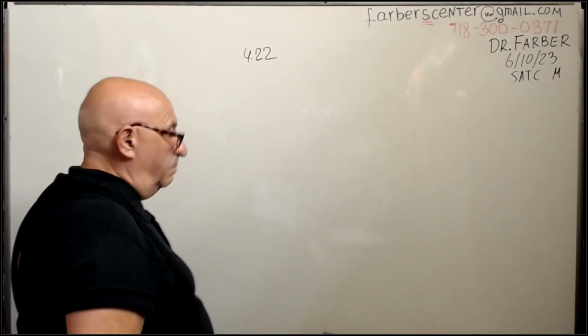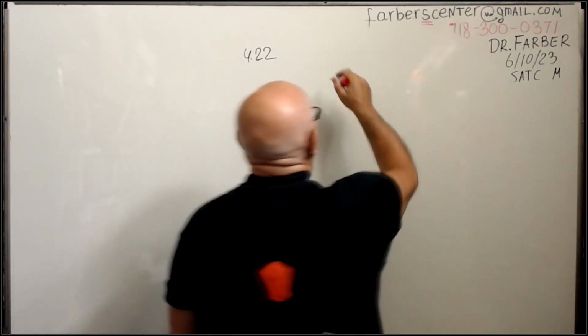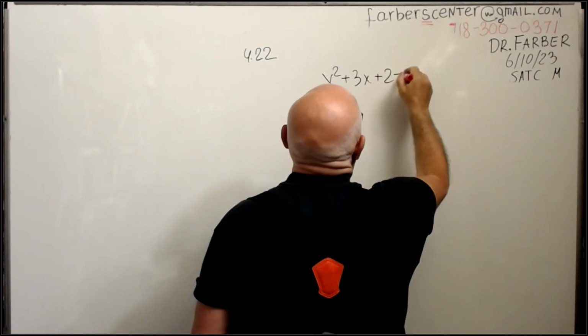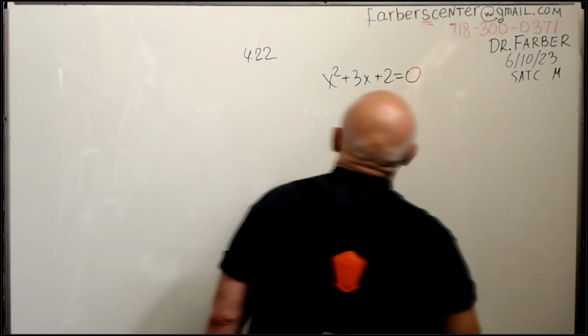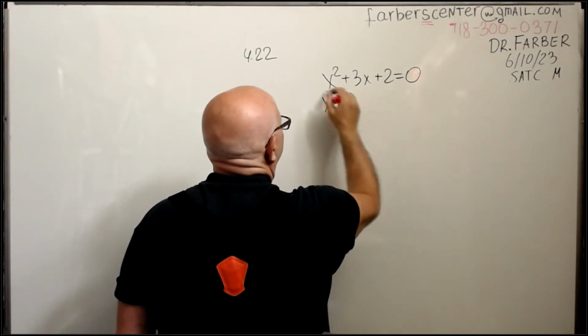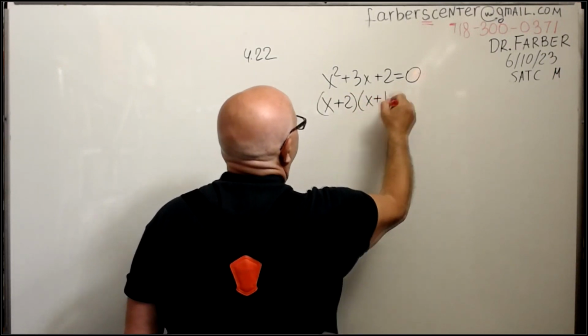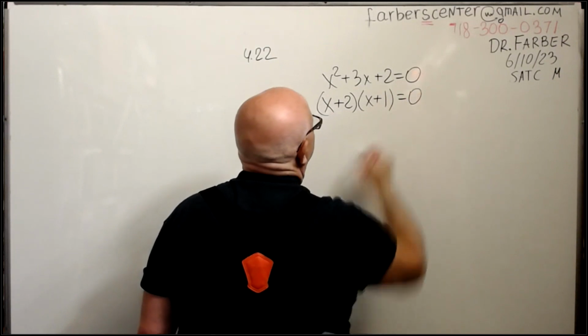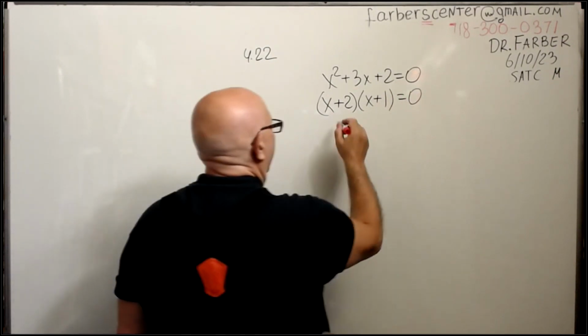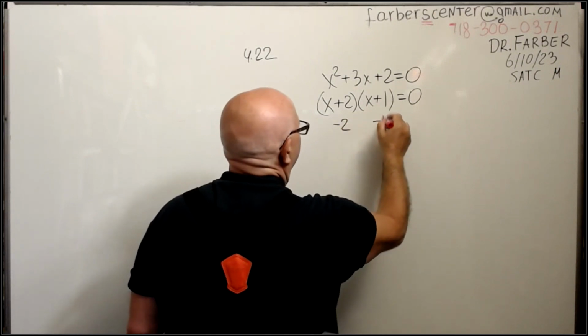For instance, I'll give an analogy. We have the equation x squared plus 3x plus 2 equals 0. And you can factorize: x plus 2 times x plus 1 equals 0. Or roots are -2 and -1.